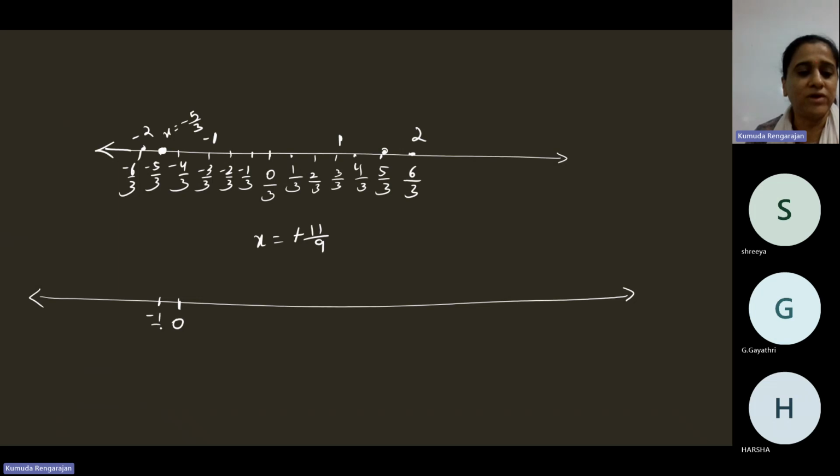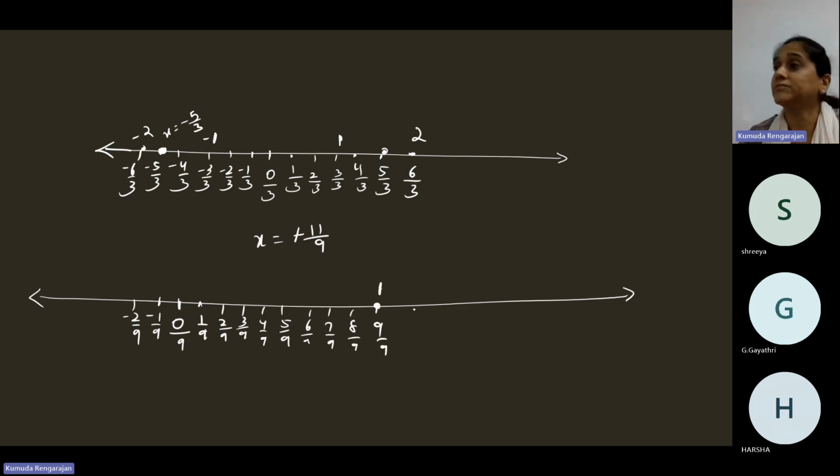So it will be like minus 1 by 9, minus 2 by 9, 1 by 9, 2 by 9, 3 by 9, 4 by 9, 5 by 9, 6 by 9, 7 by 9, 8 by 9, 9 by 9 is 1. This is 1. 10 by 9, 11 by 9. Then 12 by 9, 13 by 9, 14 by 9, 15 by 9, 16 by 9, 17 by 9, 18 by 9, which is 2.